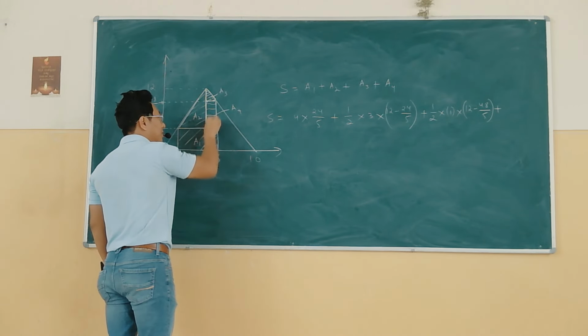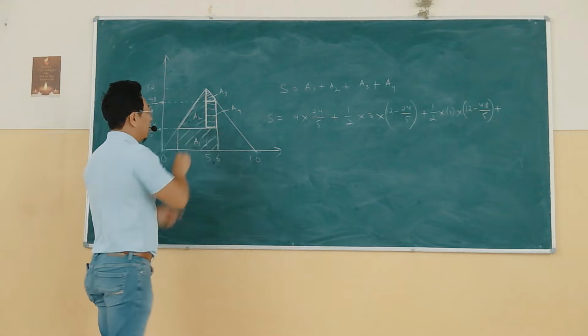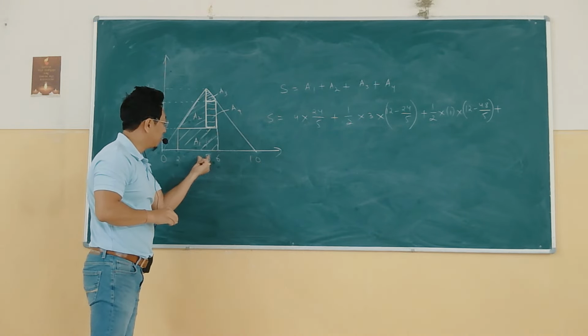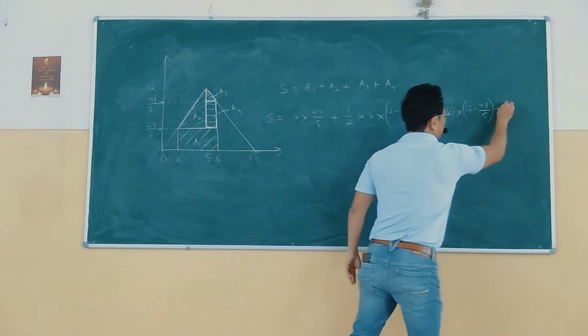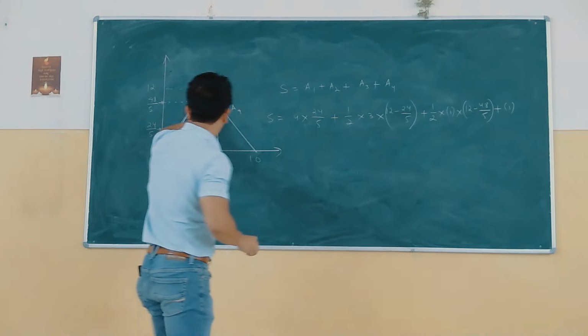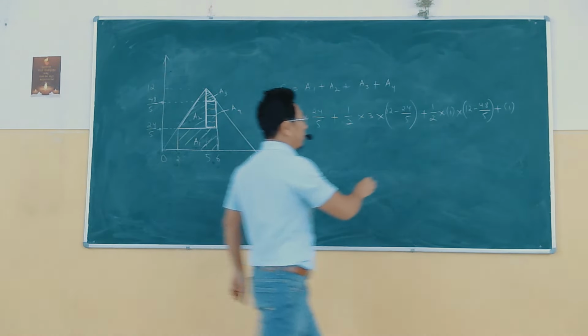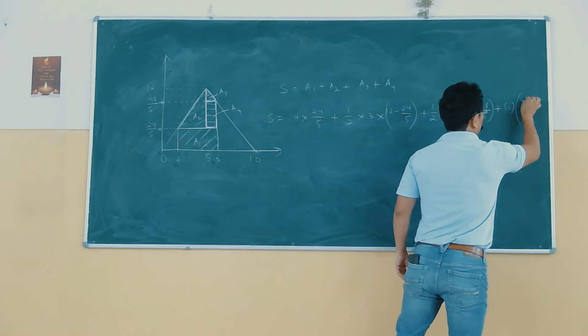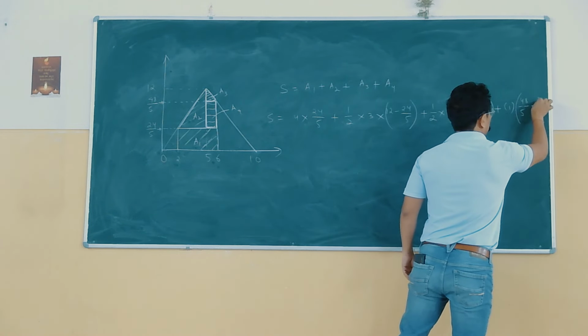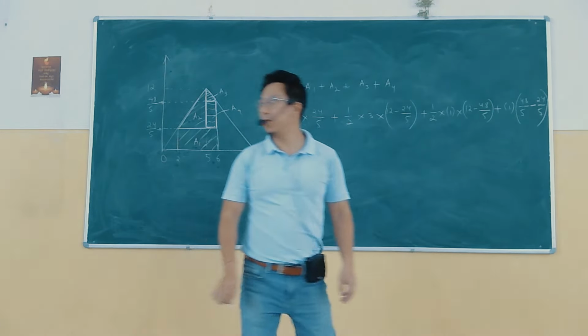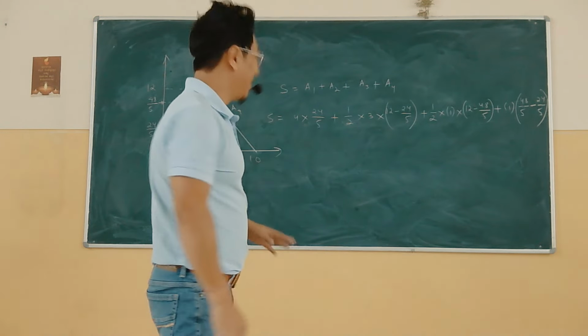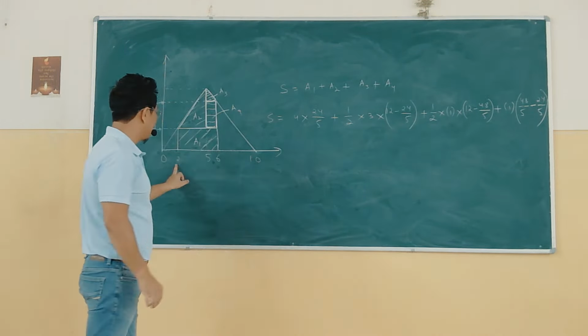Observe carefully. So length is how much here? 5 to 6. Gap is 1. So this length is 1. This breadth is 48 by 5 minus 24 by 5. So that would be the total area under the VT graph from 2 to 6.